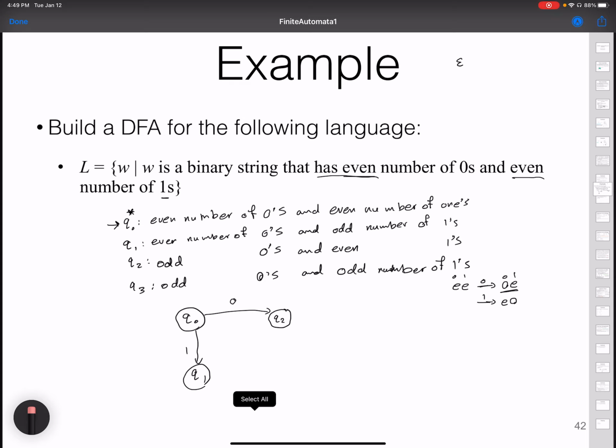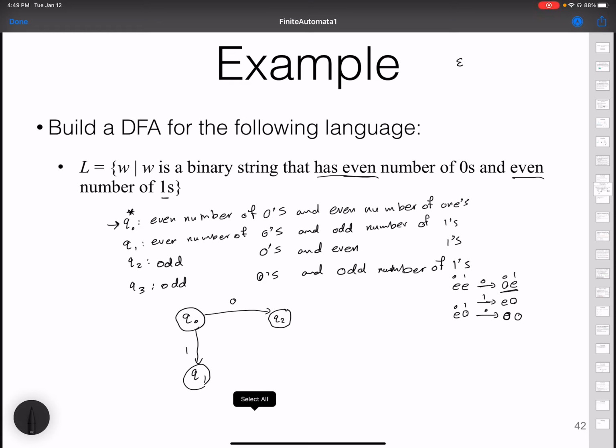As I said, Q1 tells you that it is even number of zeros and odd number of ones. Now I'm done with the transitions over Q0. The transitions over Q1, I can add them. At Q1, if you see a 0, you will have odd number of zeros and odd number of ones.